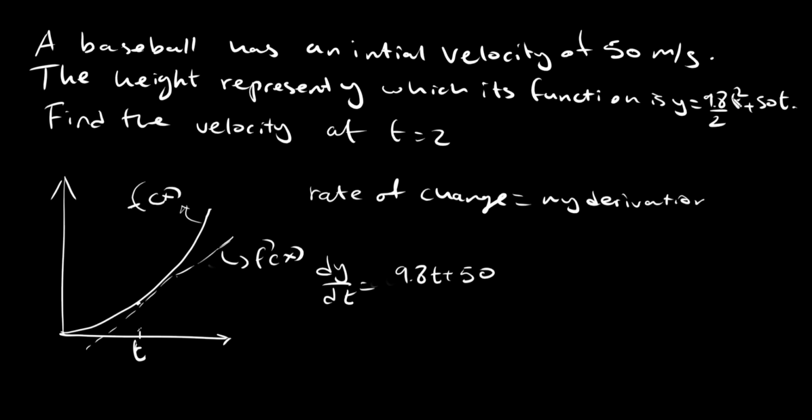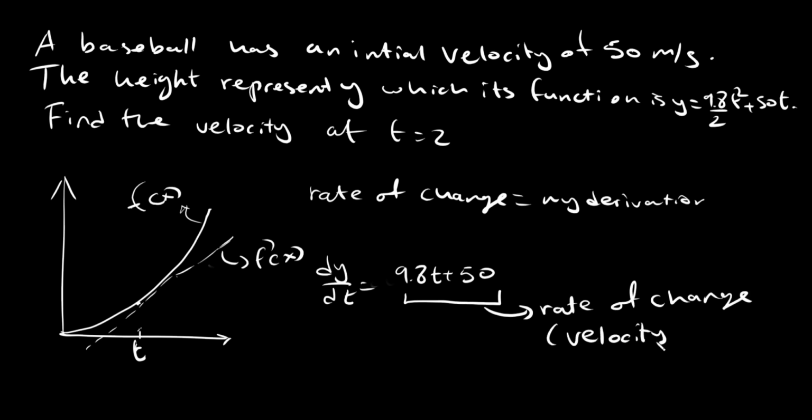Right? I hope I don't have to explain this to you guys. My 2 goes over there, which cancels out my 2 in my denominator. And 2 minus 1 equals 1, so t to the power of 1 equals t. And the derivative of t here is going to equal 1. So this is your derivative. This is your rate of change. In other words, this is your velocity equation.